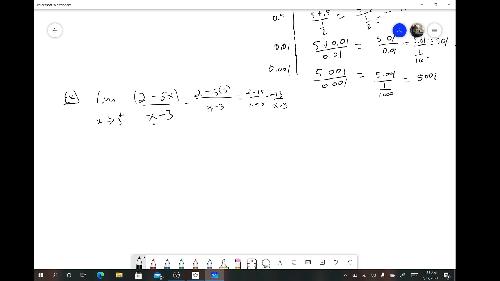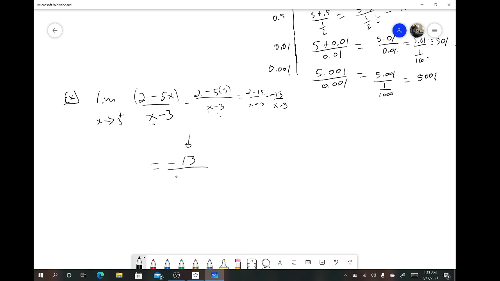We know that if x equals 3, we're going to get 0 here. So what if I had something like 3.0001, going from the right side? Minus 3, and the numerator is going to be pretty much fixed at minus 13, approaching that value the closer we get to 3.